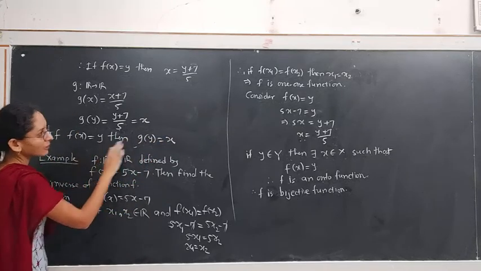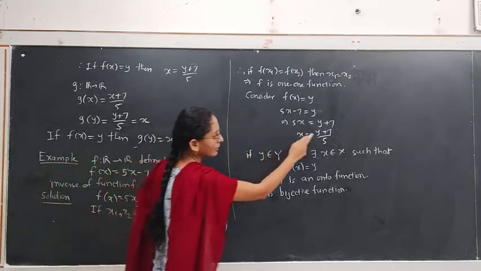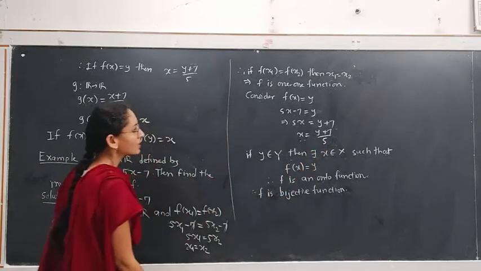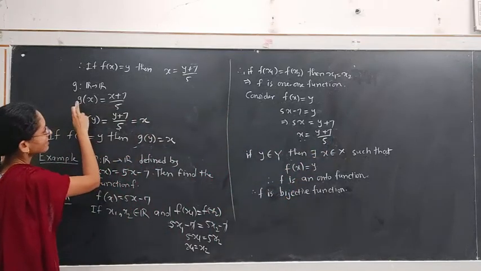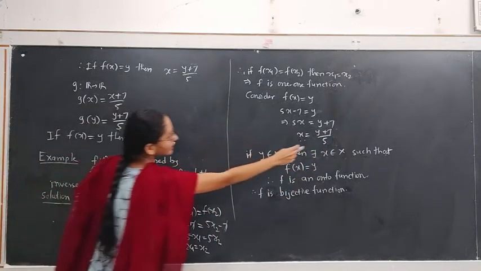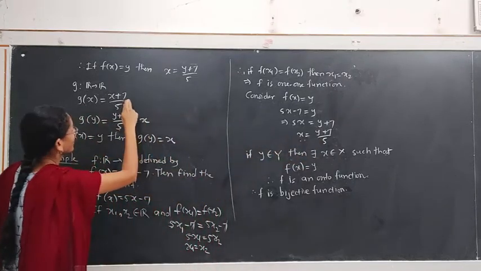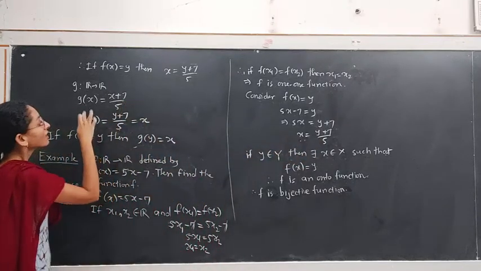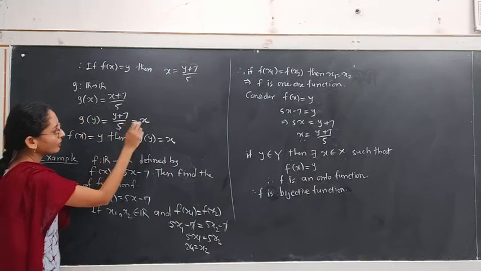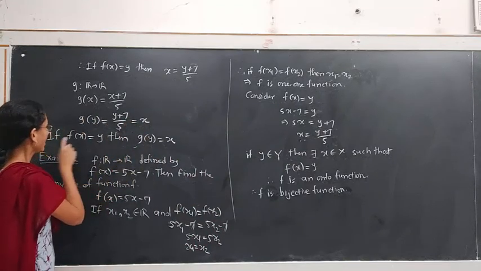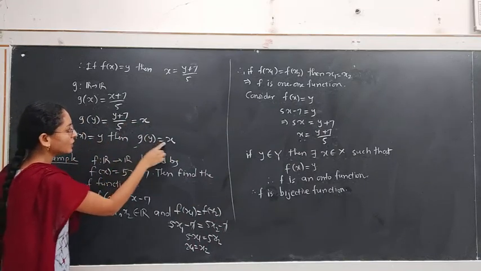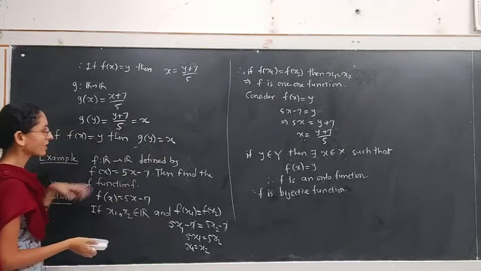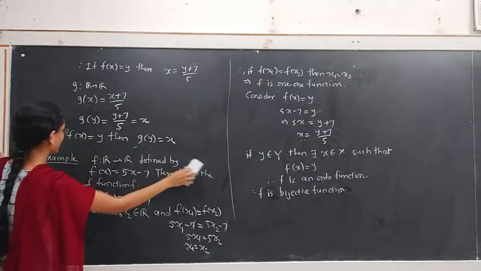If f of x is equal to y, it gives x is equal to y plus 7 upon 5. Then we define g function as g of x is equal to x plus 7 upon 5, where if we consider g of y, then we will get that value as x. If f of x is equal to y, then g of y equal to x implies g is the inverse of function f.